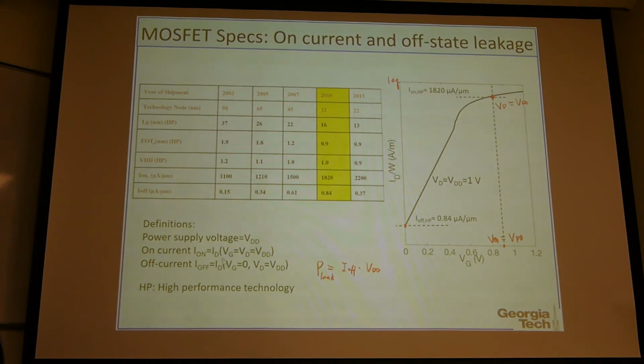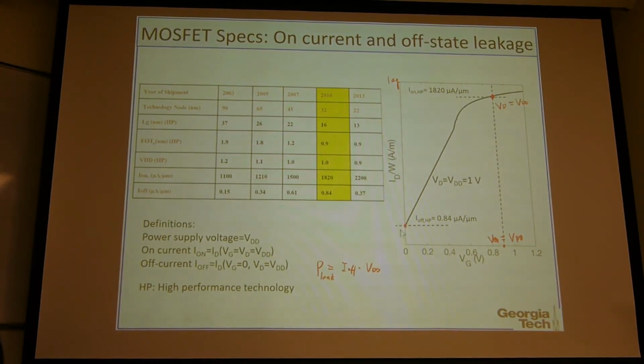This happens when the gate voltage equals the drain voltage equals the power supply voltage VDD. The off current is here. This is when the gate voltage is zero, but the drain voltage is still VDD. So you have this small current, and this is the off current.